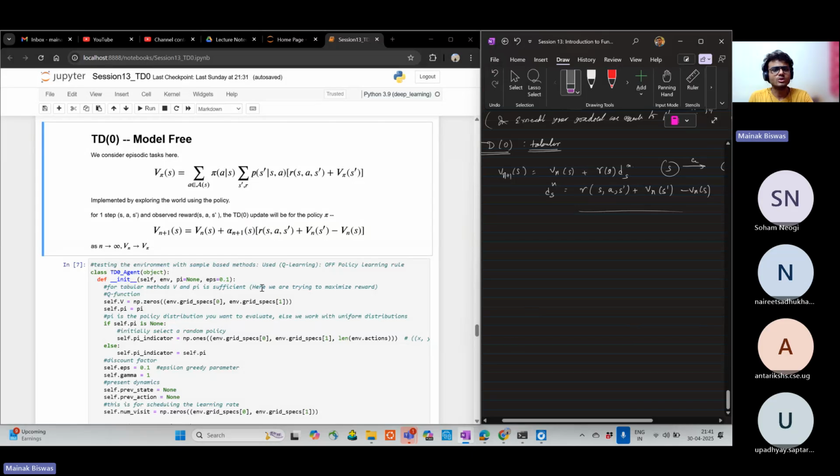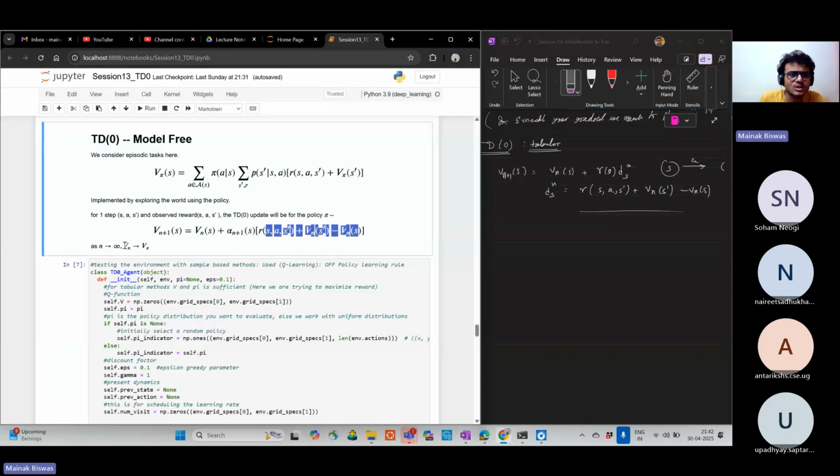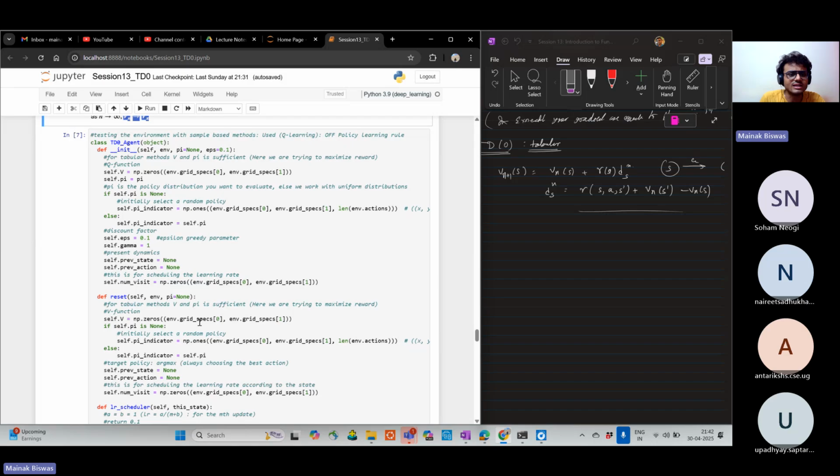For V pi, we have written down the value function. V_{n+1} is V_n plus some alpha, that is the schedule rate, times the reward from state S, A to S prime, plus the next state's value function minus the previous state's. And for a given policy pi, as n tends to infinity, V_n goes to V pi.